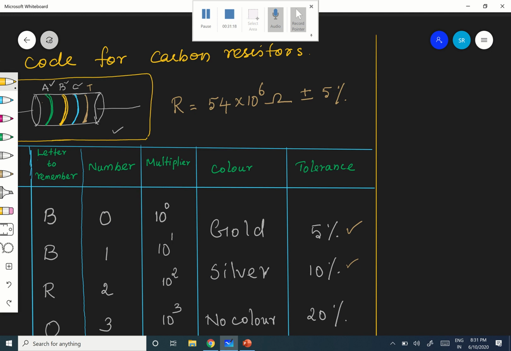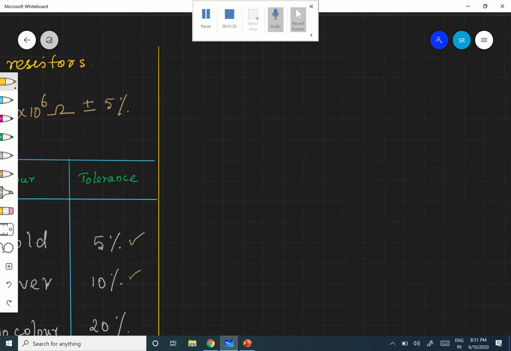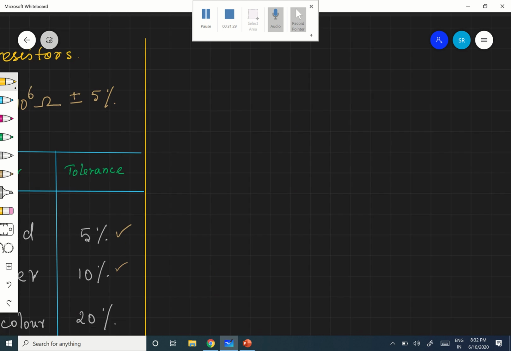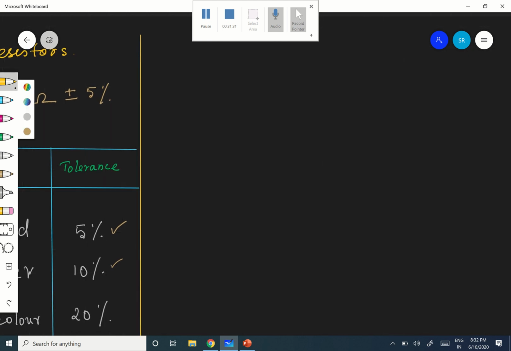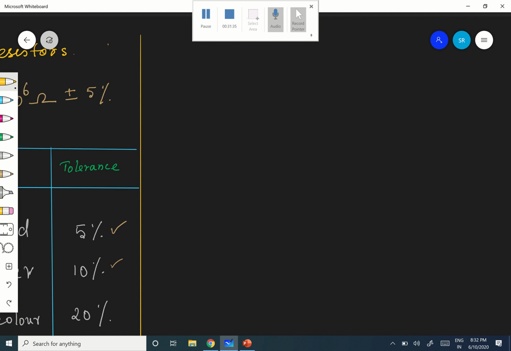Now the next topic is combination of resistances. This is not new to you.